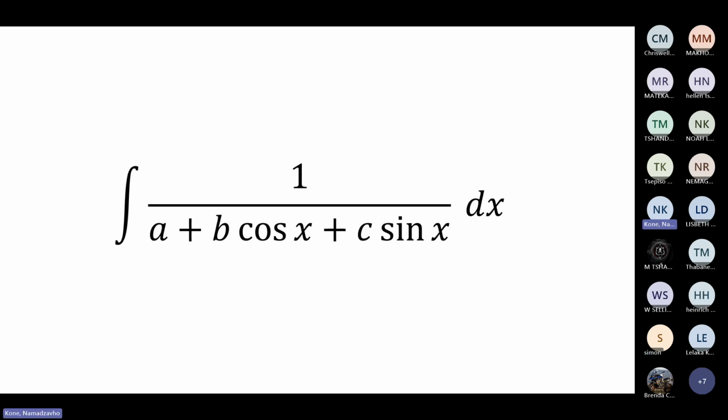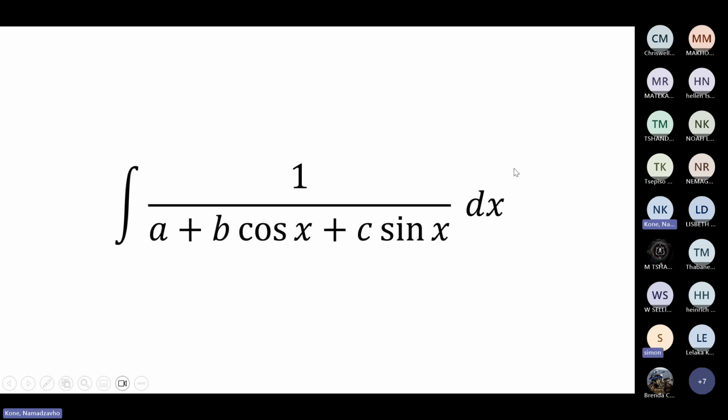But now, let me explain something. If we have got that toolkit, we replace this one by 1 over 1 plus t squared dt. We replace this one by t over the square root of 1 plus t squared, and this one by 1 over the square root of 1 plus t squared.